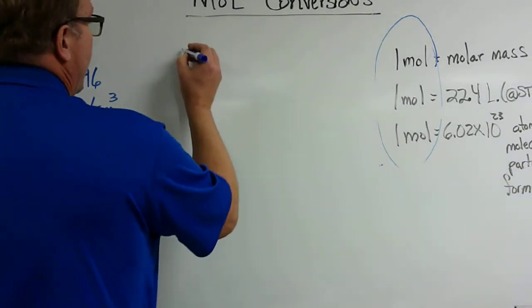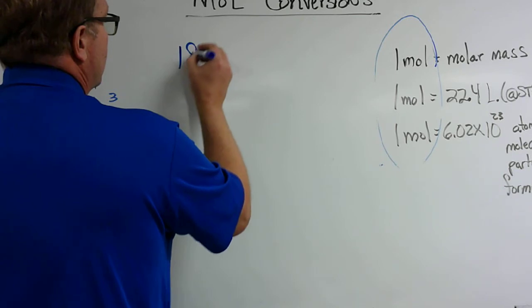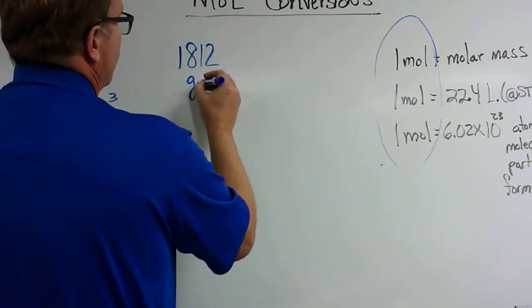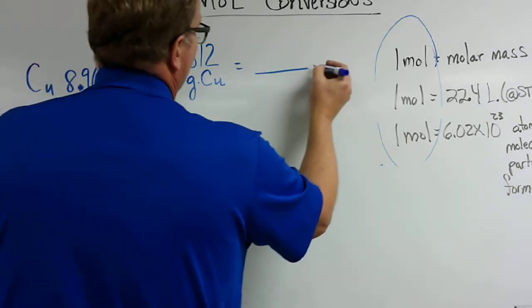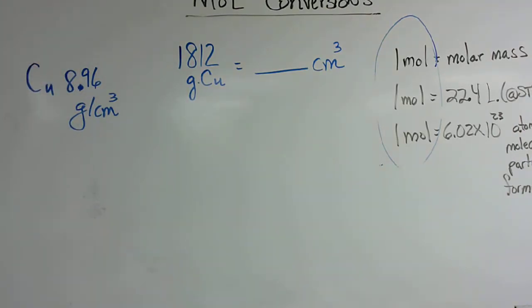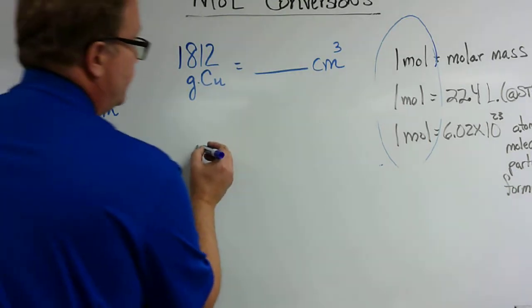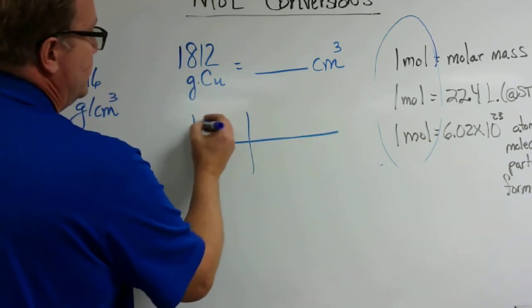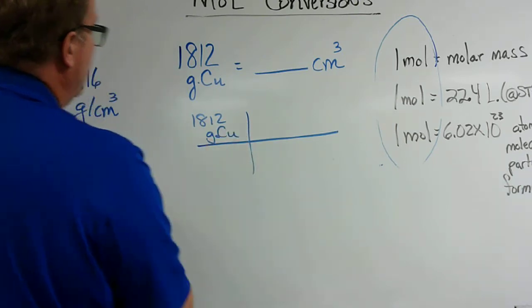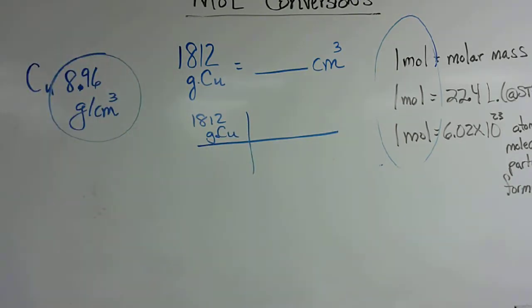Well, let's say I have 1,812 grams of copper, and they will ask, what is my volume? We just go with the flow because we know a volume can be in cubic centimeters. It actually would also be considered milliliters. We just do a little conversion chart here, and we go 1812 grams Cu, and then we will actually use that conversion factor here.